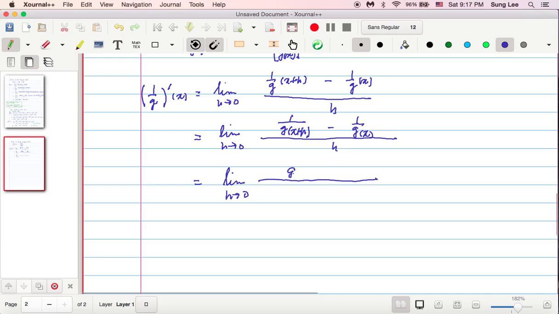Then you have to multiply 1 by g of x, minus, here, you multiply this 1 by g of x plus h. And we have h down here.